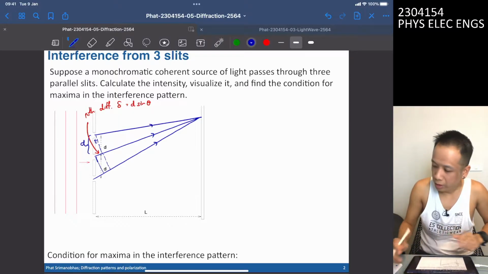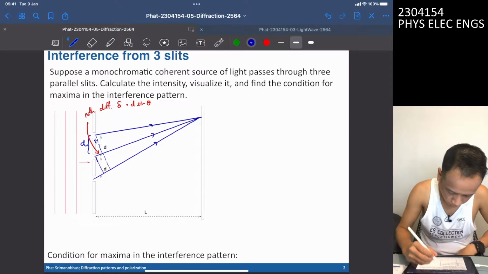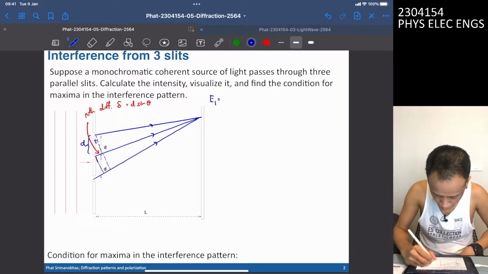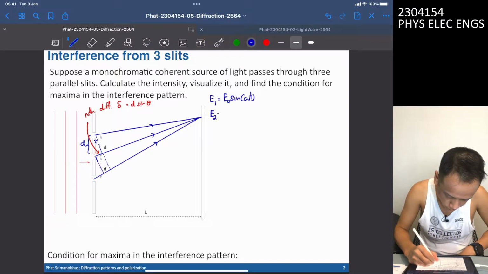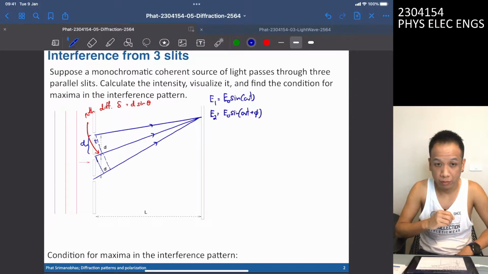We have the electric field from source 1, which is E1 equals E0 sine omega t, and then E2, which is E0 sine omega t plus phi, where phi is the phase difference.